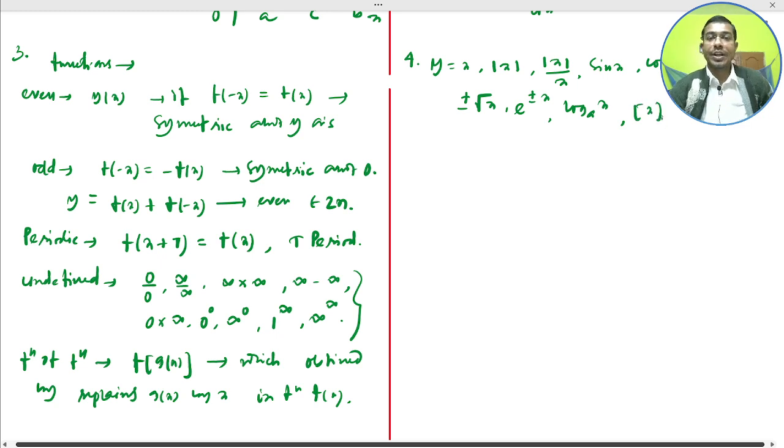We have already discussed these functions in our graph chapters. Just look upon this topic, so we skip this part.